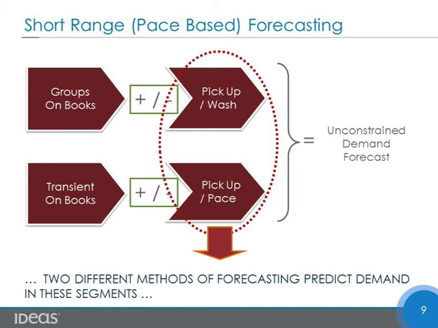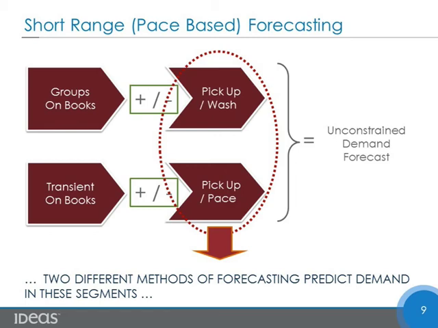In group segment, you need to reflect group wash as it is critical to forecast accuracy. Groups who book a block of rooms at the hotel rarely use all the rooms that they initially asked or contracted for. The contracted block of rooms is washed to the actual used number of rooms.